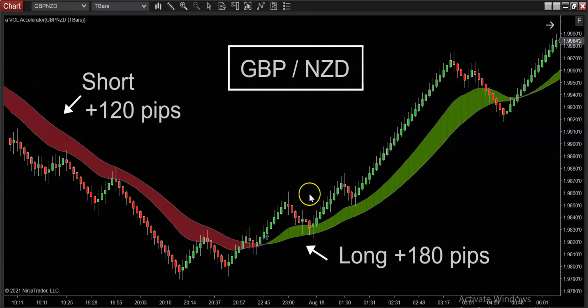And listen, guys, just these two signals alone, this short trade where the volume turned red and this long trade where the volume indicator turned green, this was a total of 300 pips. A lot of you guys that already actively trade Forex know the pip value: 1 pip, generally speaking, is worth $10.